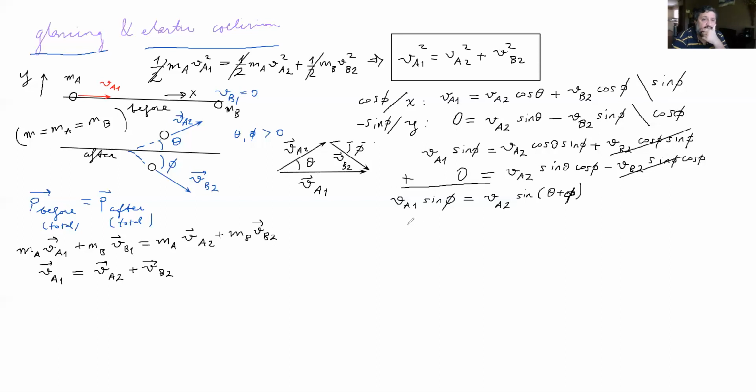Now, if I do that, I'll have here VA1 cosine phi equals VA2 cosine theta cosine phi plus VB2 cosine squared phi. And here, this time 0 is 0.